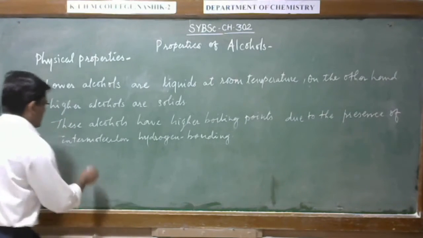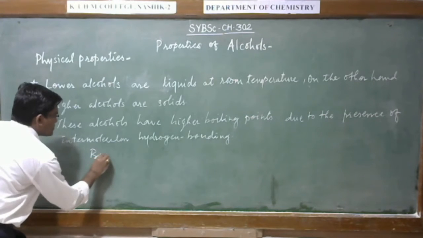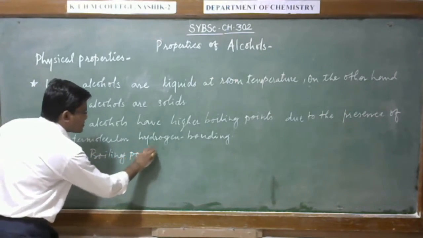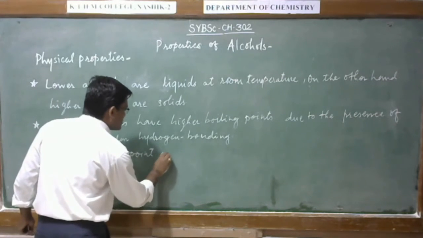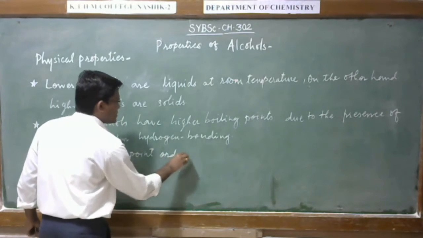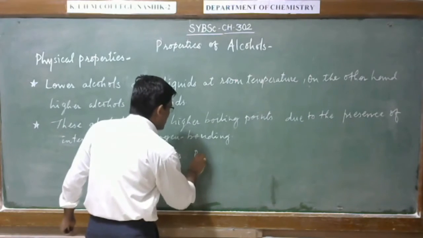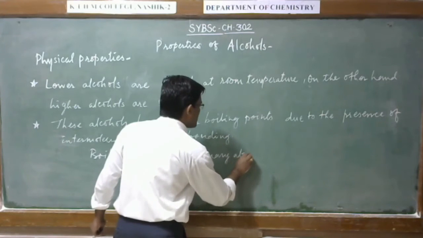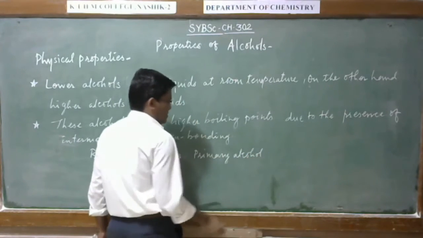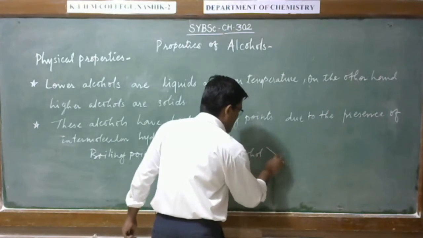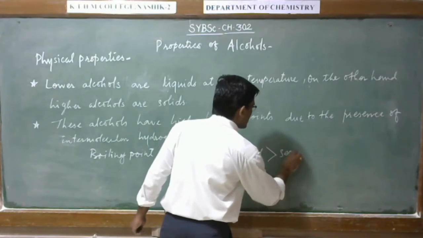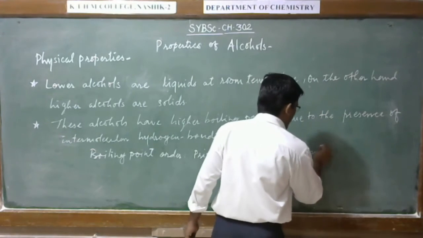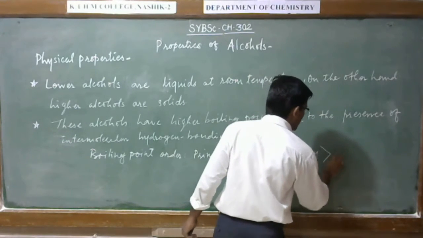The boiling point order is: primary alcohol has a higher boiling point than secondary, which has a higher boiling point than tertiary alcohol.